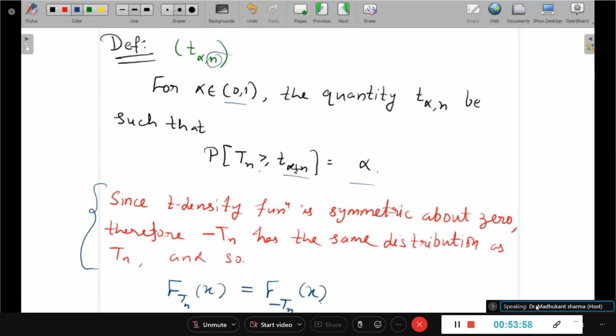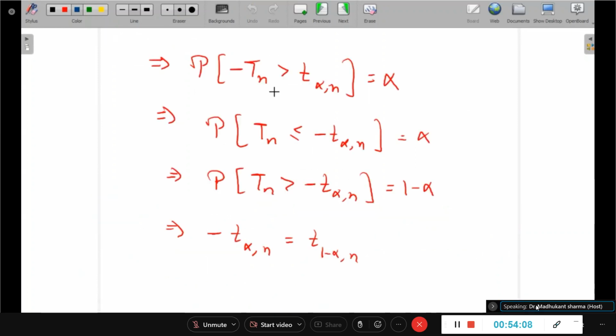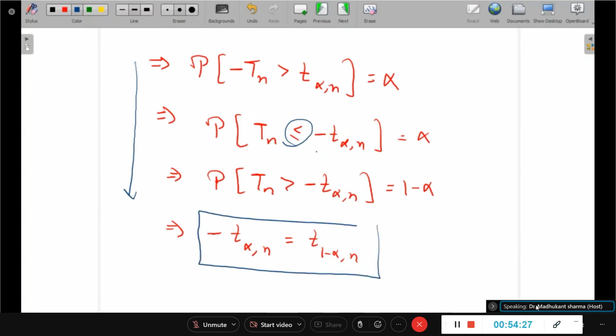So the probability that Tn is greater than or equal to T alpha comma n is alpha, and since this is symmetric about 0, if you take minus Tn instead, that also equals alpha. Now, if you multiply by minus, the inequality changes, and that equals alpha. So ultimately, you can follow the slides also, the negative of the T alpha comma n value can also be identified by T 1 minus alpha comma n.